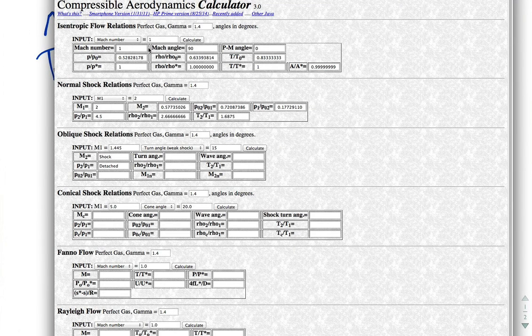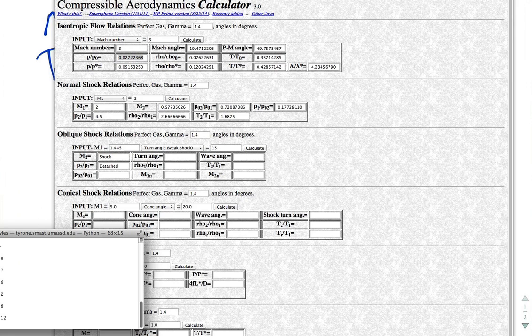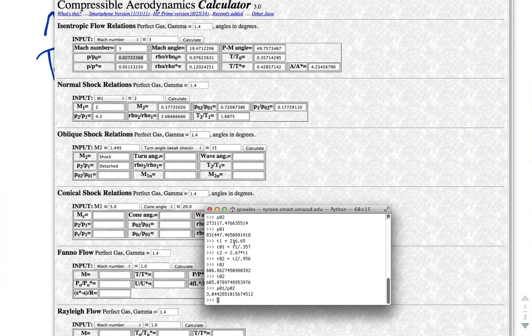We'll go back to our calculator. So this is the isentropic Mach relations. Put in our Mach number. I see P over P naught is this number right here. That's a pretty high pressure ratio. I'll do a quick calculation here. So the ratio here is 0.027, so P naught is about 36 times P1.